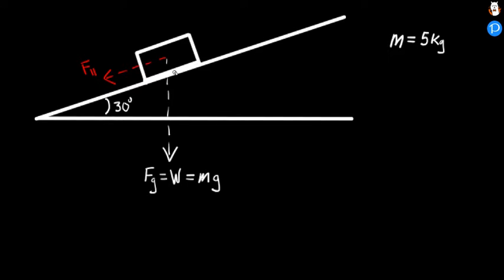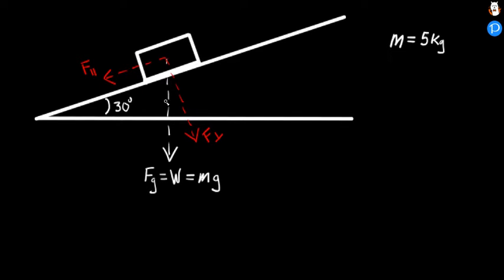And then the other force would be perpendicular to this surface. Perpendicular, so I would draw it like this. Like so. I'm going to label it F perpendicular.